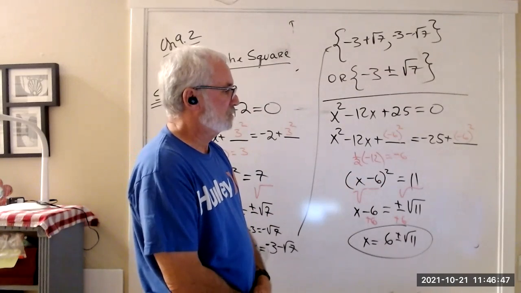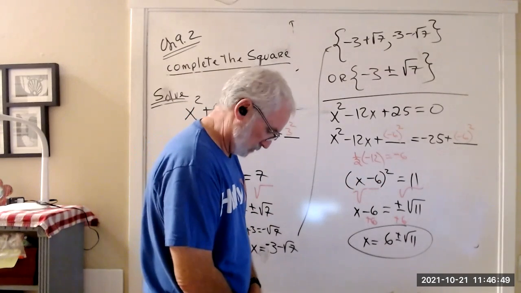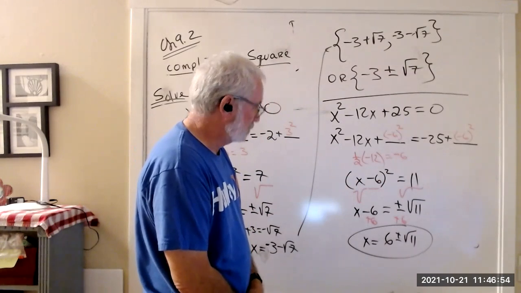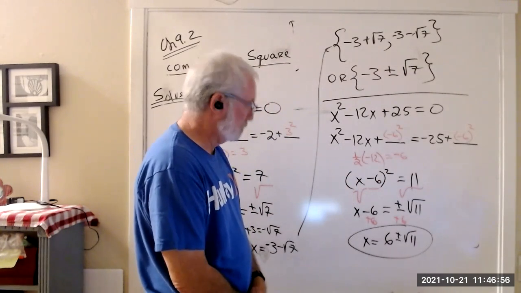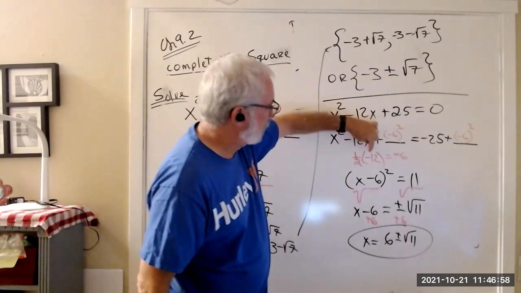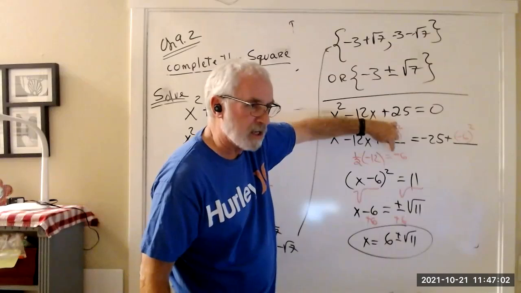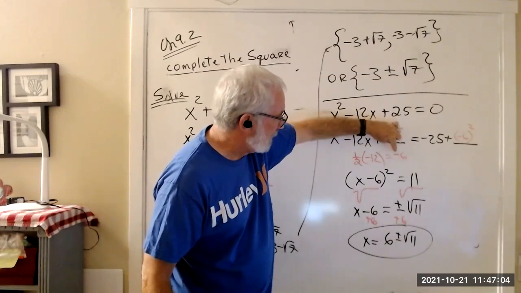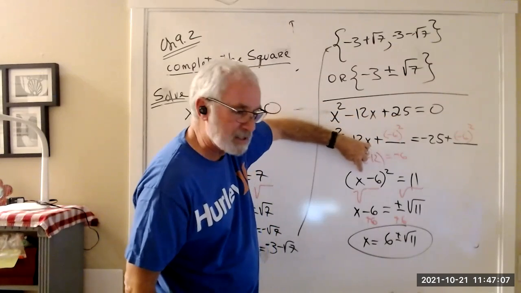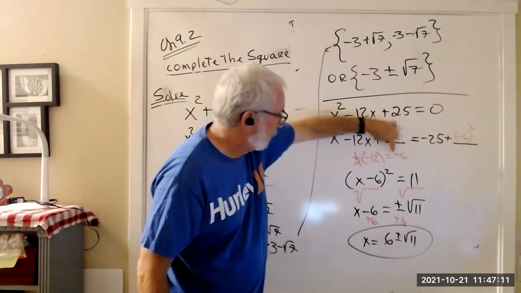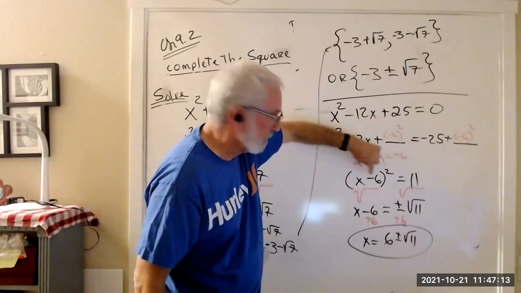So when you do this, it's always going to be x plus or minus half of the number in front of x. Mm-hmm. Okay. And notice how when I said x times -12, I wrote -6 because that -6 and that -6 are the same thing. So if you said -6 here, you'll write x minus 6.